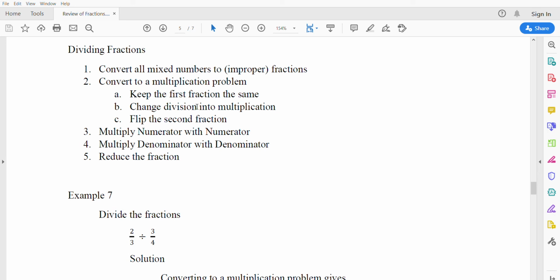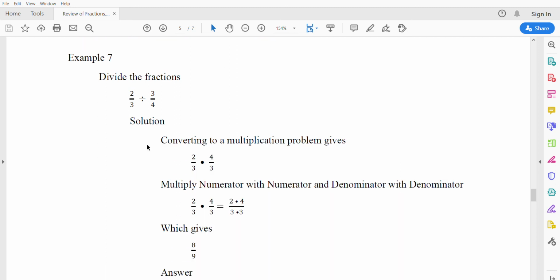We change division into multiplication, and then we flip the second fraction. Then after we've converted it to multiplication, we multiply numerator with numerator, multiply denominator with denominator, and then we reduce the fraction. So let's take a look at this example, example number 7.